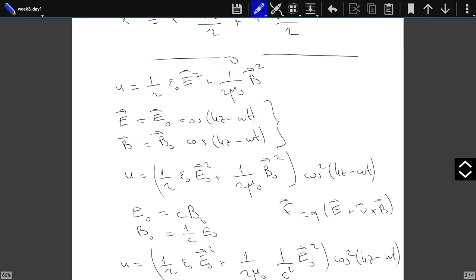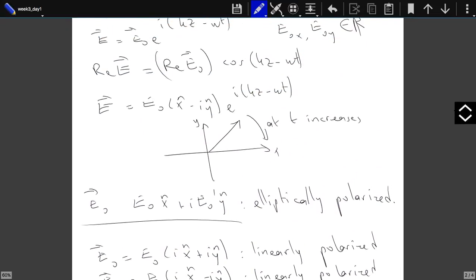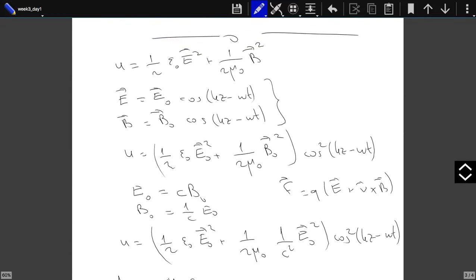In this example that we discussed in the last lecture, to be consistent with my other notation, I should have inserted a 1 over square root of 2, to make sure that E0 is the magnitude of the electric field. But that's a special example. Now I'm continuing with this notation, with this convention. This is my electric and magnetic fields.